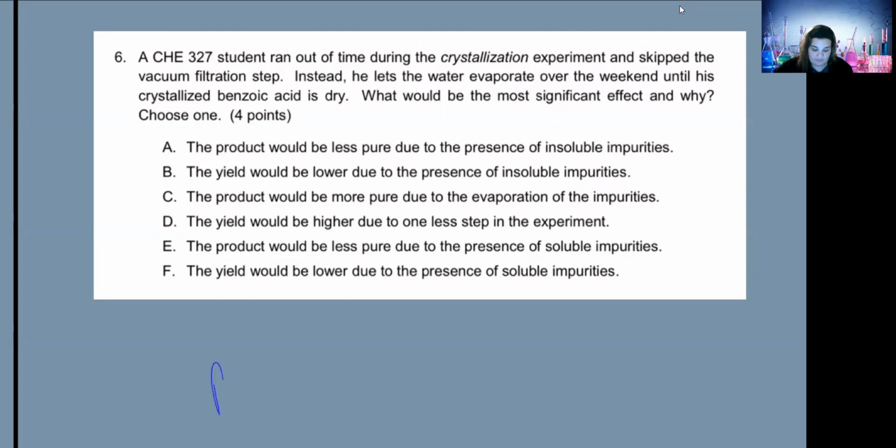What are we removing? To remove soluble impurities. Good. So if you do not perform vacuum filtration, you are not removing soluble impurities, which means we're going to be less pure.